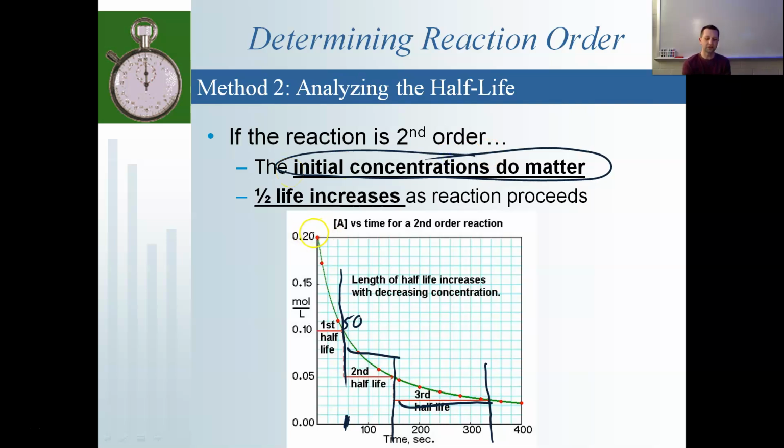So the initial concentration here was 0.2 molar, and it took a certain amount of time to get down to 0.1 molar. Now, to go from 0.1 molar to 0.05 molar, here's my new initial concentration, and here's my new final concentration.